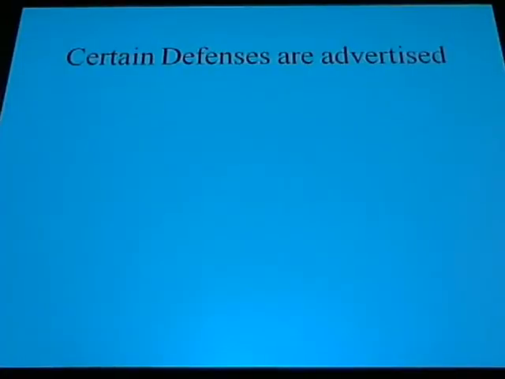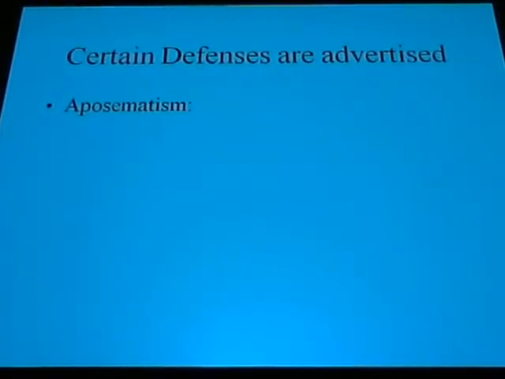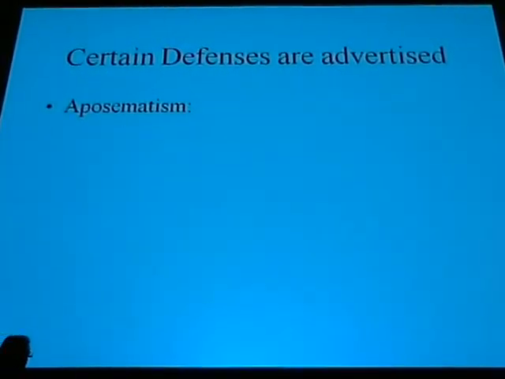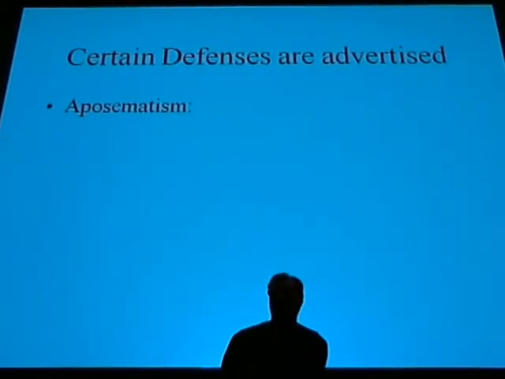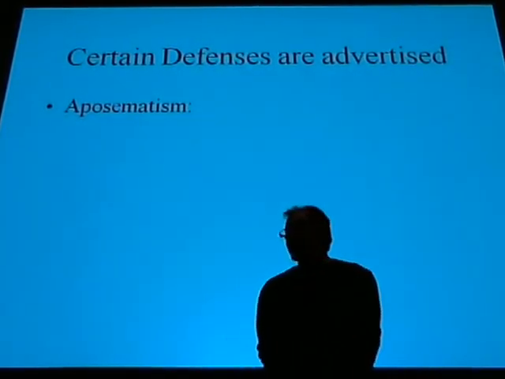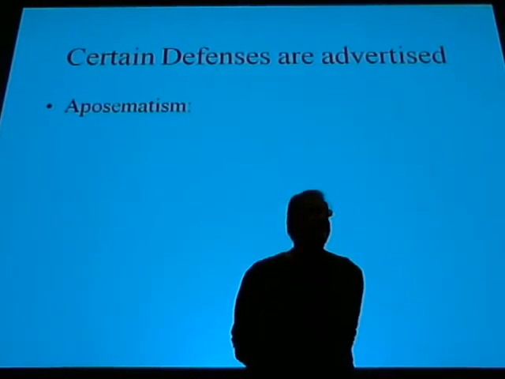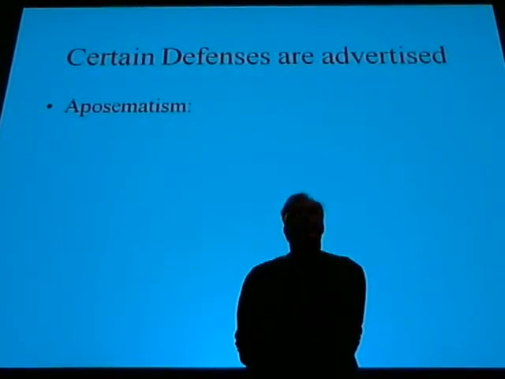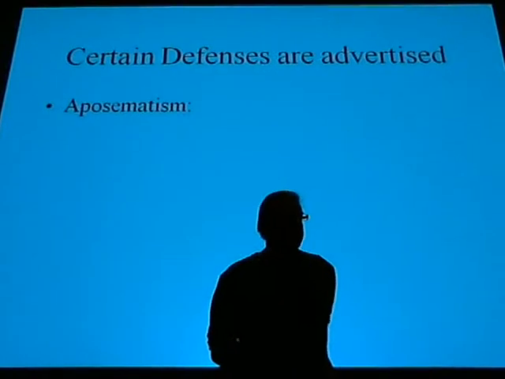Okay. Now, sometimes the defense is advertised. You want people to know you have it. We call that aposematism, or aposematic coloration. Have you ever noticed organisms that are bright and loud and obvious, and you say, "Boy, that's dumb. They really stand out in the crowd"? They want to stand out in the crowd. They're saying, eat me and you'll regret it, okay?